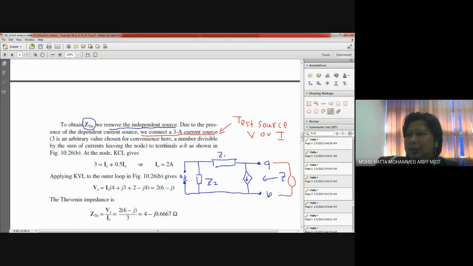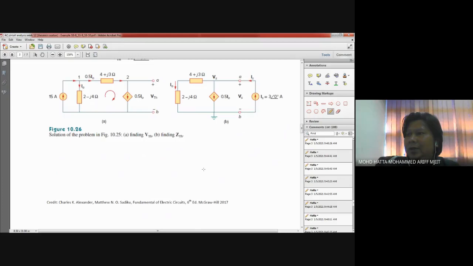In this solution, we put a 3 ampere current source. Remember that this 3 is an arbitrary value chosen for convenience. Means that you can use, for example, in this case, IS equals to 3 with angle of 0.